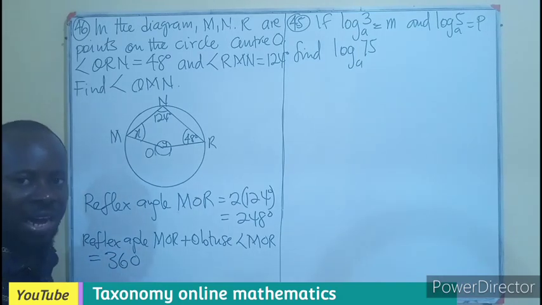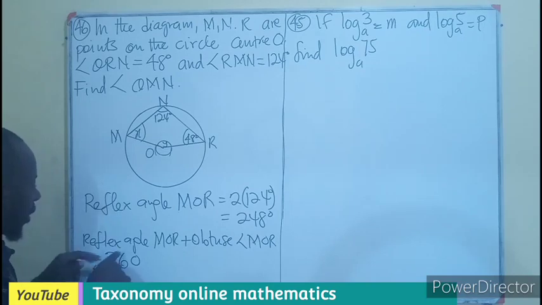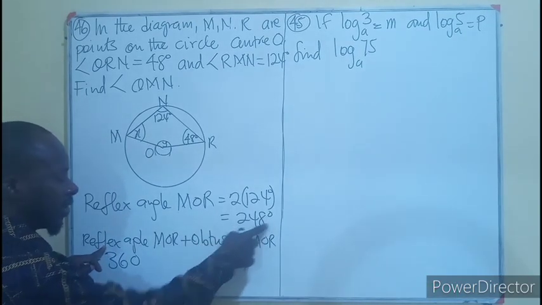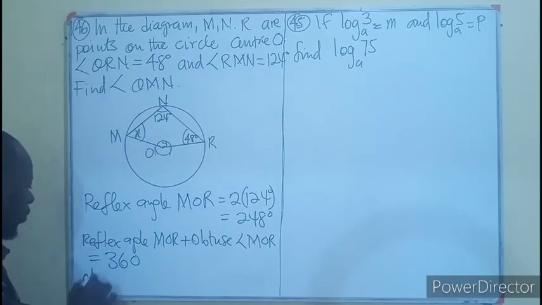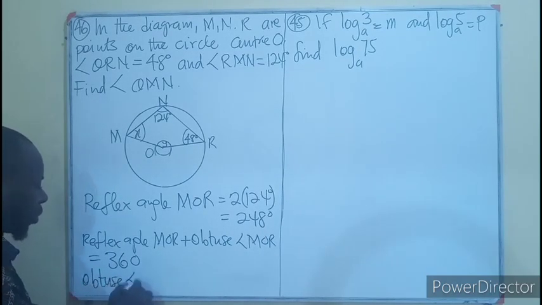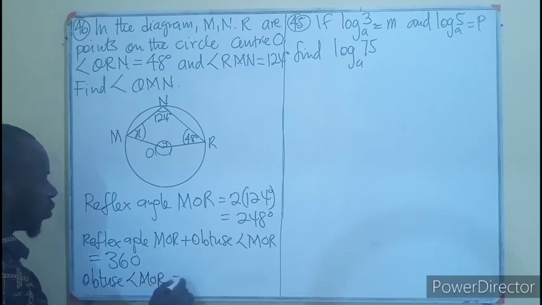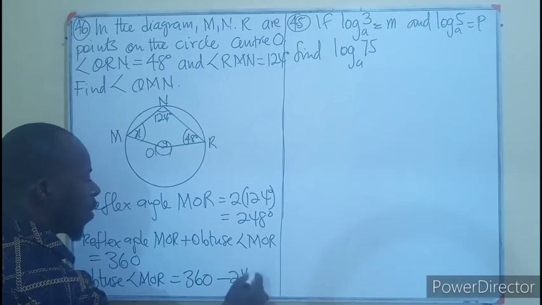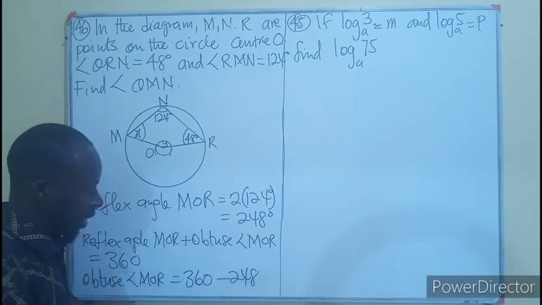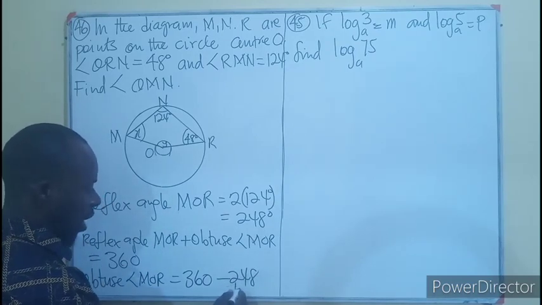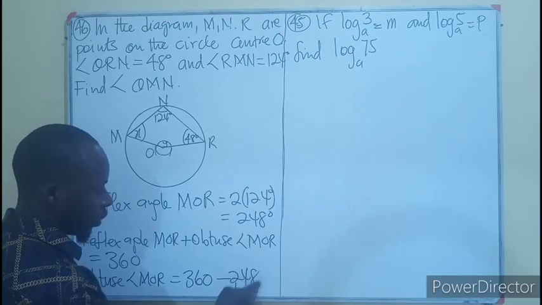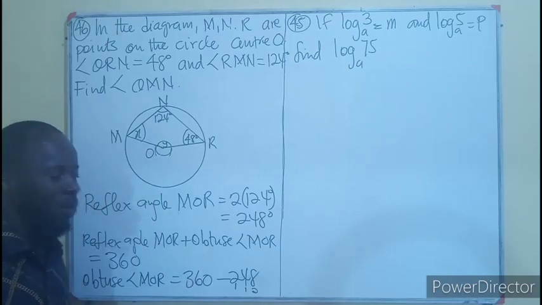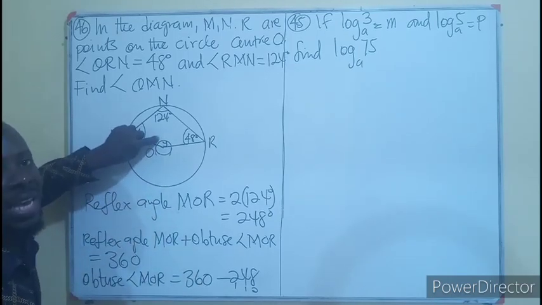That is the property of angles at a point. So if the reflex angle is 248, then the obtuse angle MOR is 360 minus 248, which gives us 112. That is the angle y here.